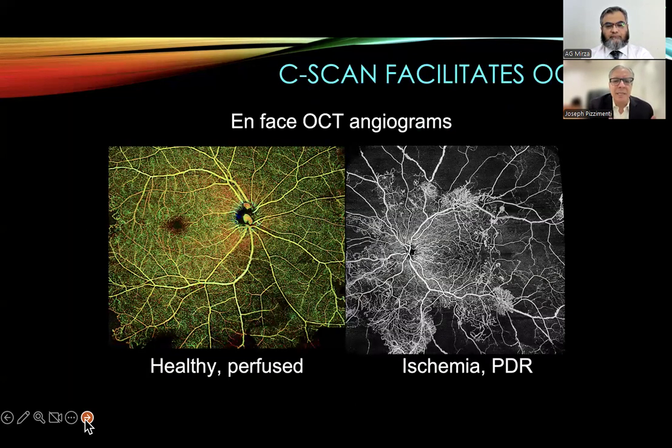And as I said, it's fortunate that those early OCT angiograms have been improved so much that nowadays here is a healthy perfused fundus composite with all of the layers on OCT angio. And here is a highly ischemic retina in proliferative diabetic retinopathy. And of course, vascular endothelial growth factor is being secreted in all of these areas.